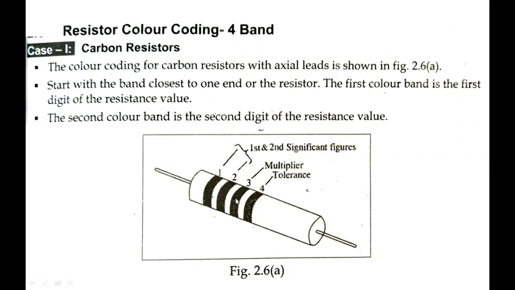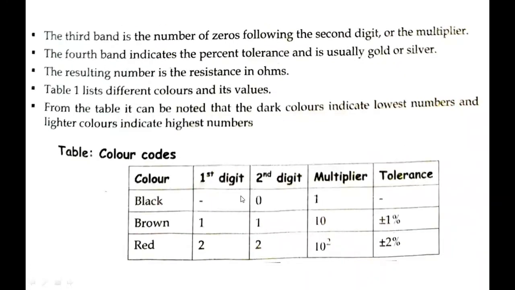The third color band is the multiplier, and the fourth one is to specify the tolerance, and is usually gold or silver. The resulting number is the resistance in ohms.